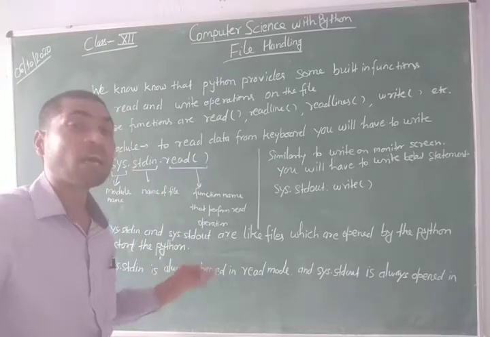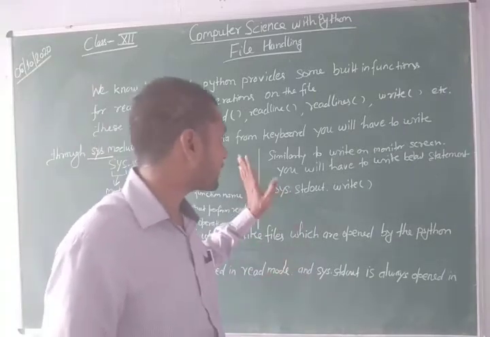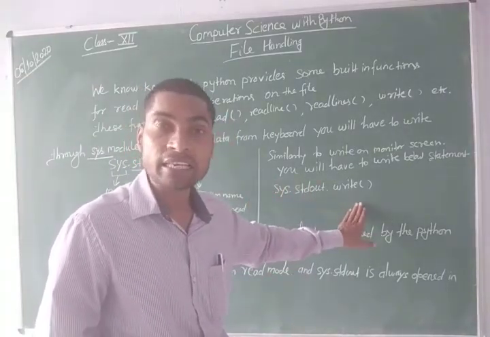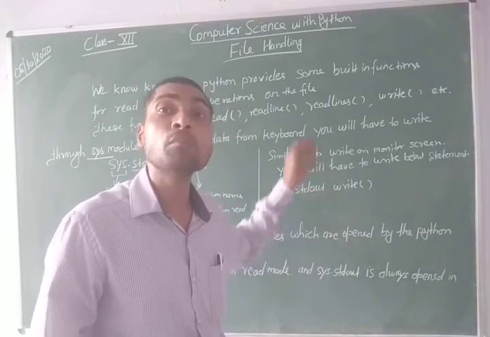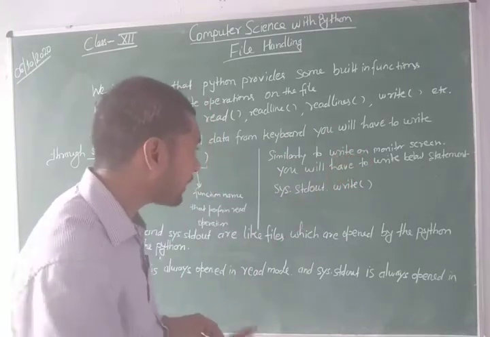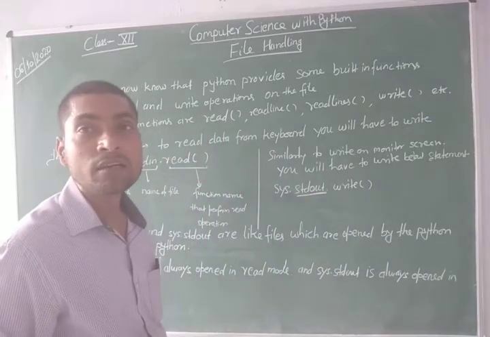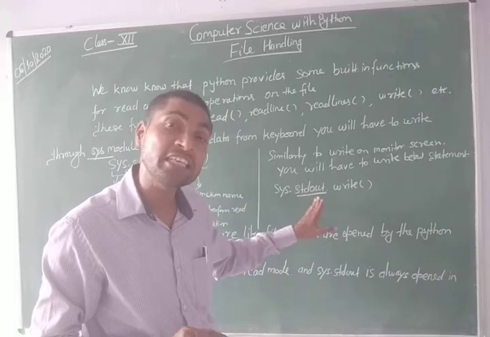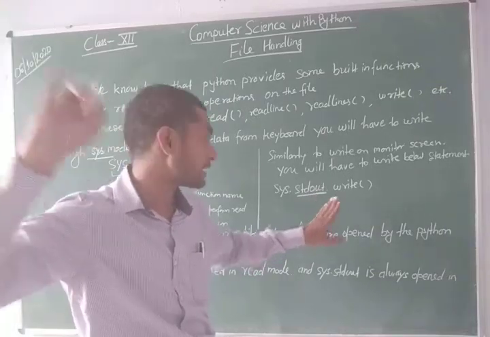Similarly, for writing purposes, you will have to write sys.stdout.write. This statement will write on the monitor screen. Why? Stdout is the name of the standard output stream, the name of the file, and this file is linked with the monitor screen, so it will write everything on the monitor screen.